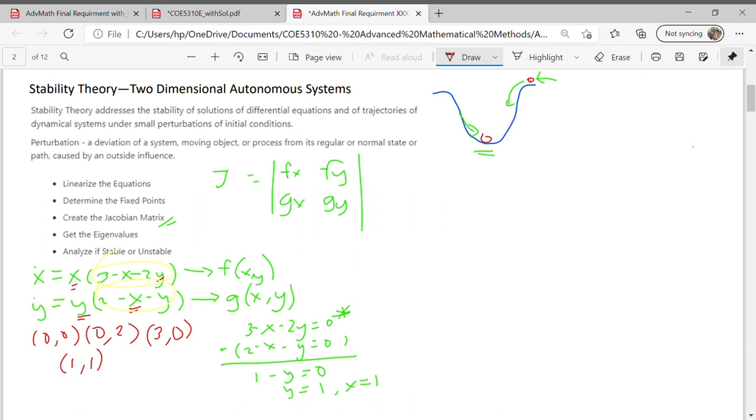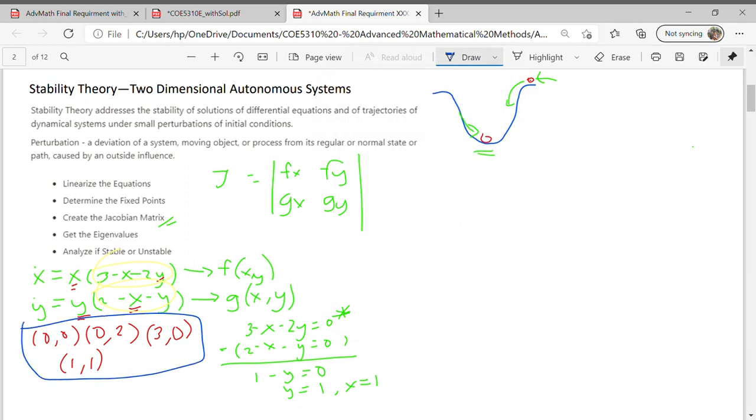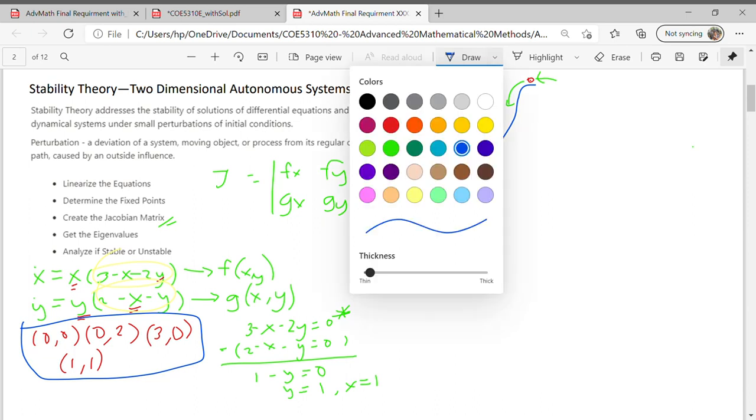So having these four critical points, we will now compute for the eigenvalues using the Jacobian matrix.